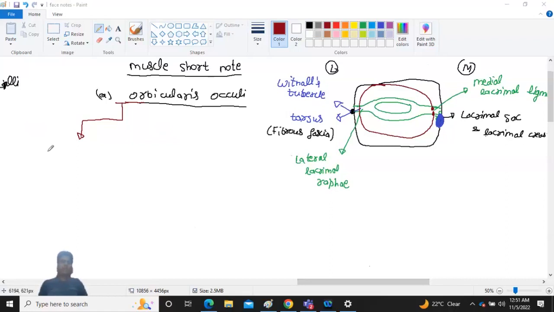The first part is the orbital part. This is the orbital part. Done.